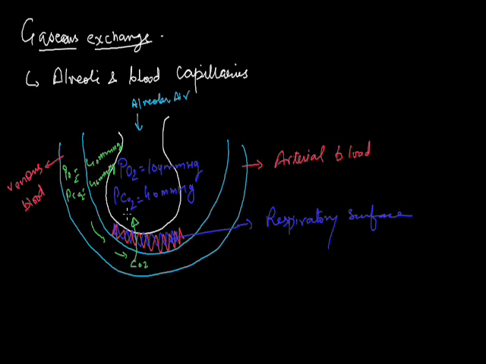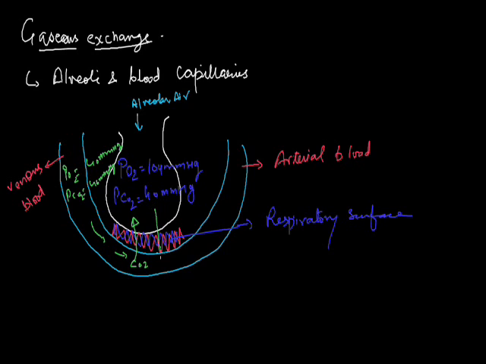So because of the pressure difference, the gases will move from the higher pressure to the lower pressure, and that's why they will transfer from the blood capillaries to the alveoli. Similarly, the oxygen present in the alveoli has more pressure, that is 104 mmHg, and the oxygen present in the blood has less pressure, that is 40 mmHg.